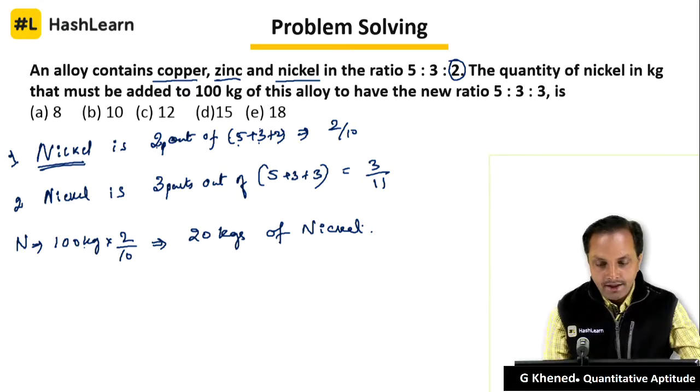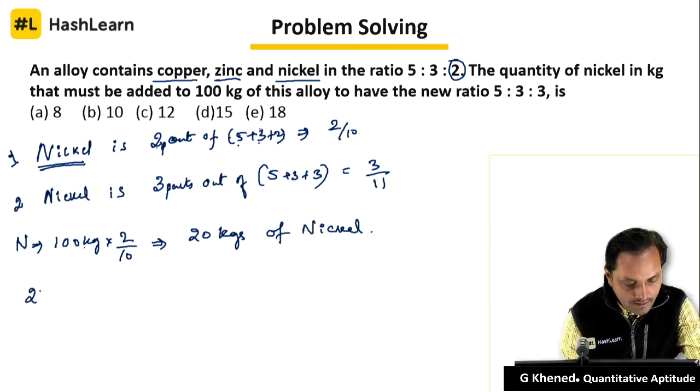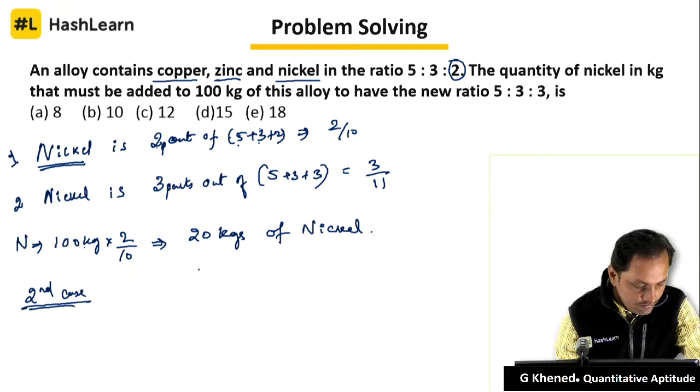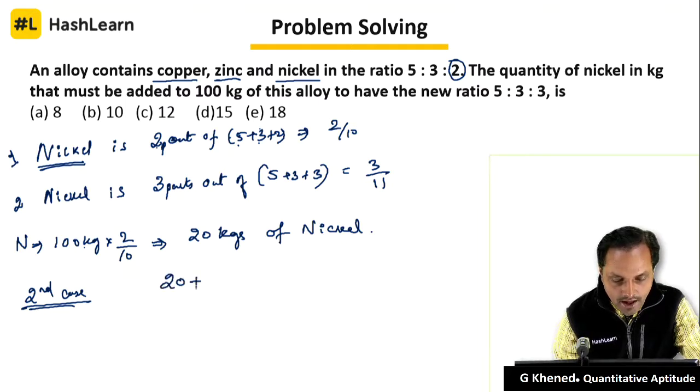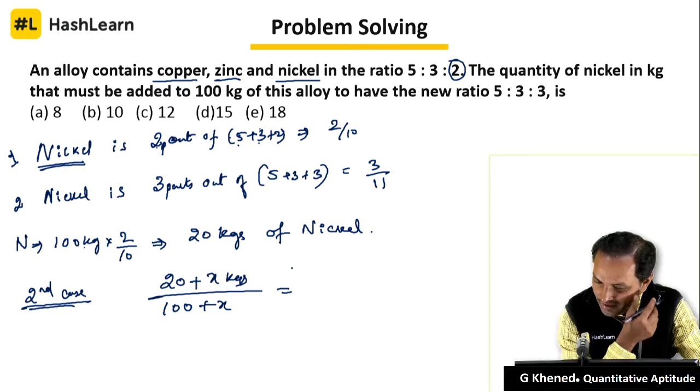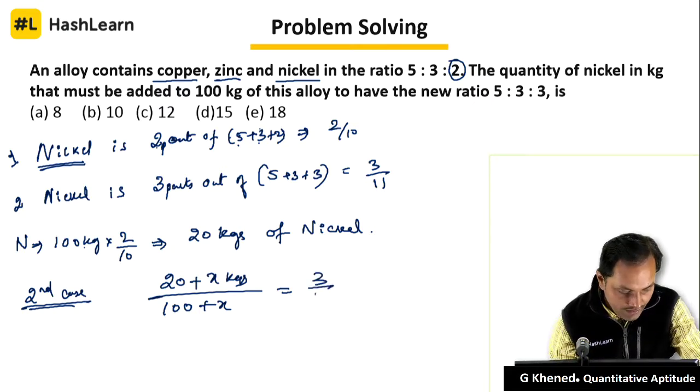So how much are you adding? What is the ratio? You are adding x kgs, and in the denominator will be 100 plus x kgs, and the ratio of the nickel will be 3 by 11.